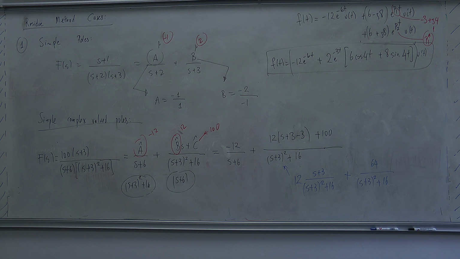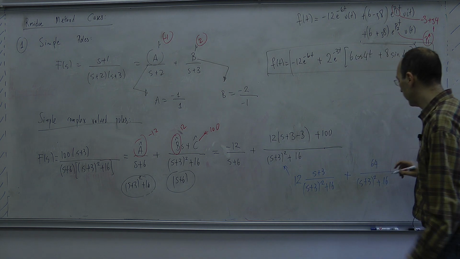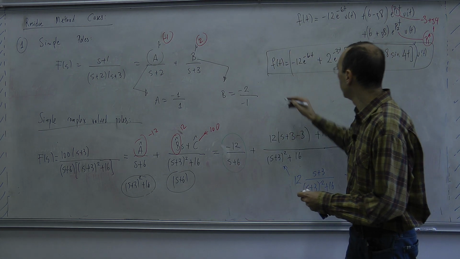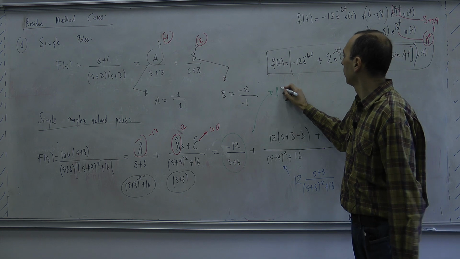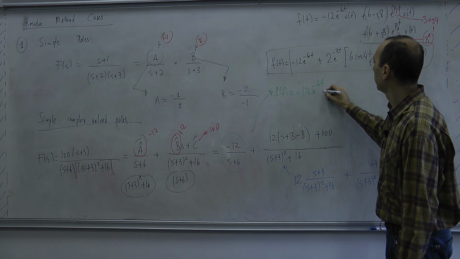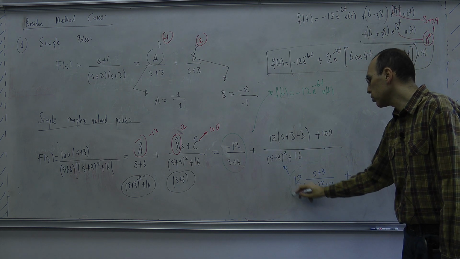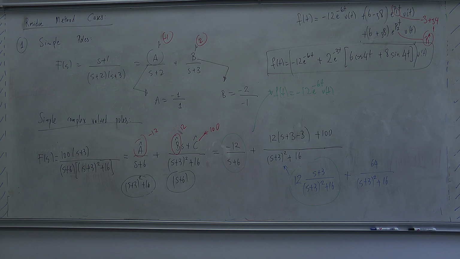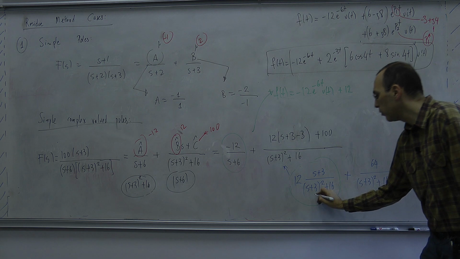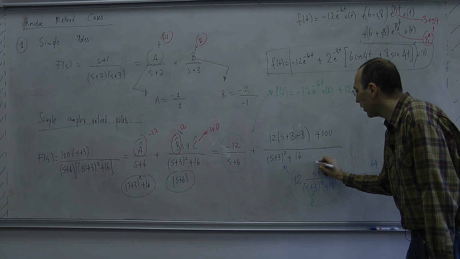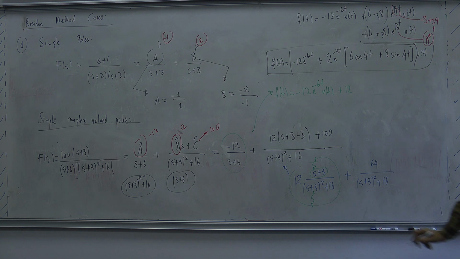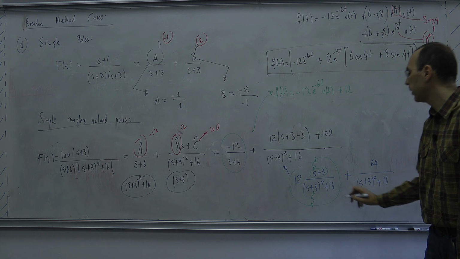Okay, so if I take the inverse Laplace transform of this, so this term is when inverse Laplace transformed, let me write it over here, minus 12 e to the minus 6t u(t). So what is the inverse Laplace transform of this? This is, you may recognize it, 12. If you write a capital S for this s plus 3, so this is like S divided by S squared plus 16.